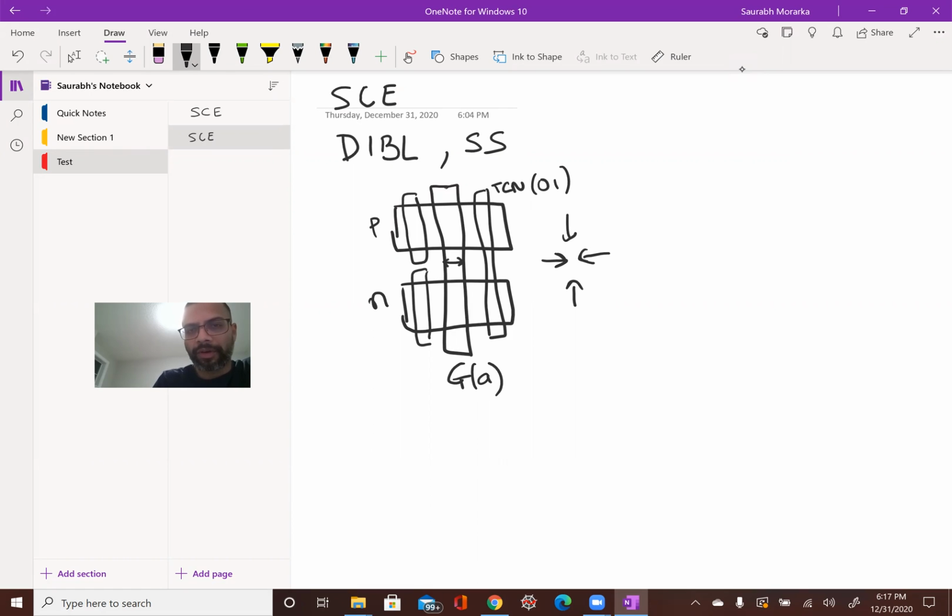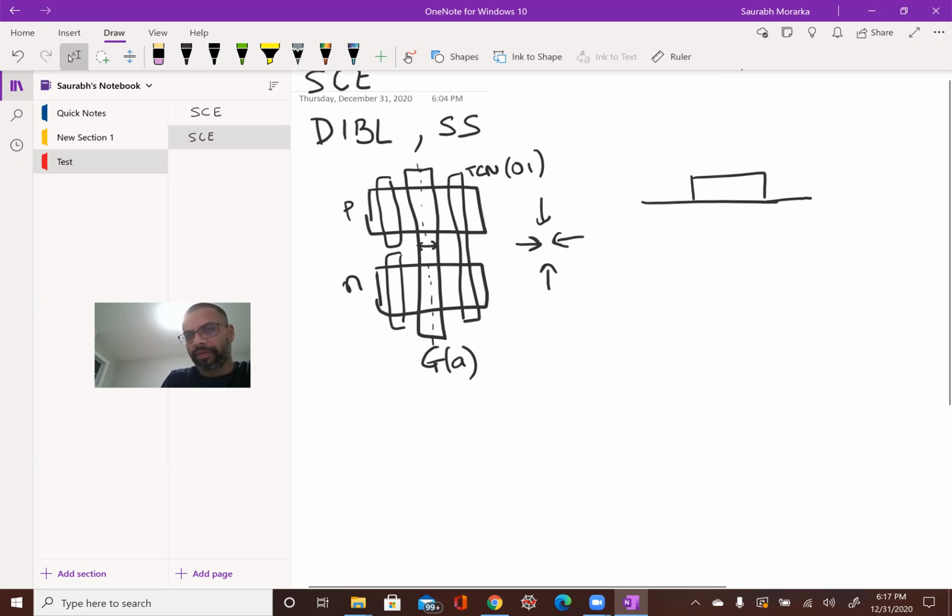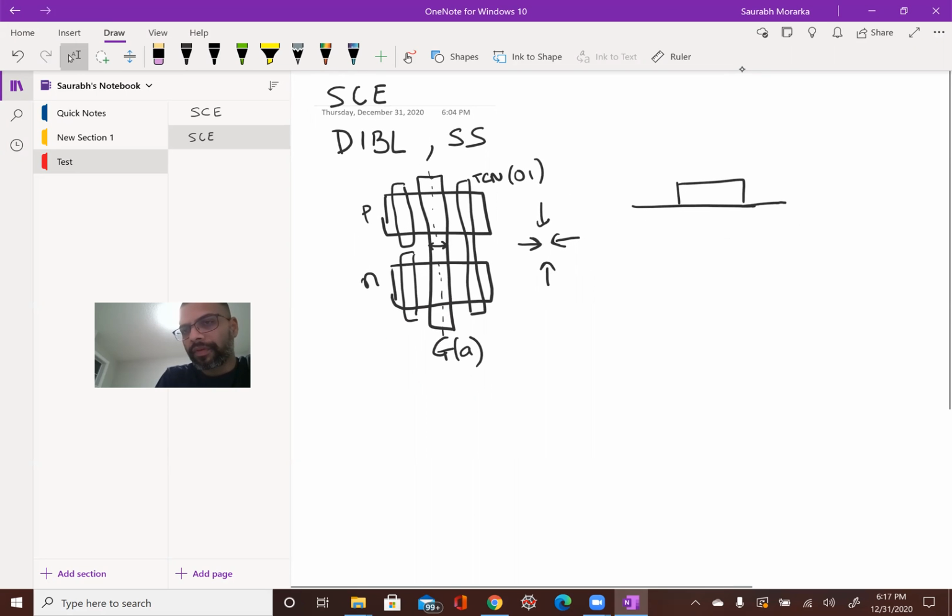Now, if I were to draw a cross section of this device, it would look something like this. So this is the gate length, which we need to shrink to be able to fit more transistors in the same given area.